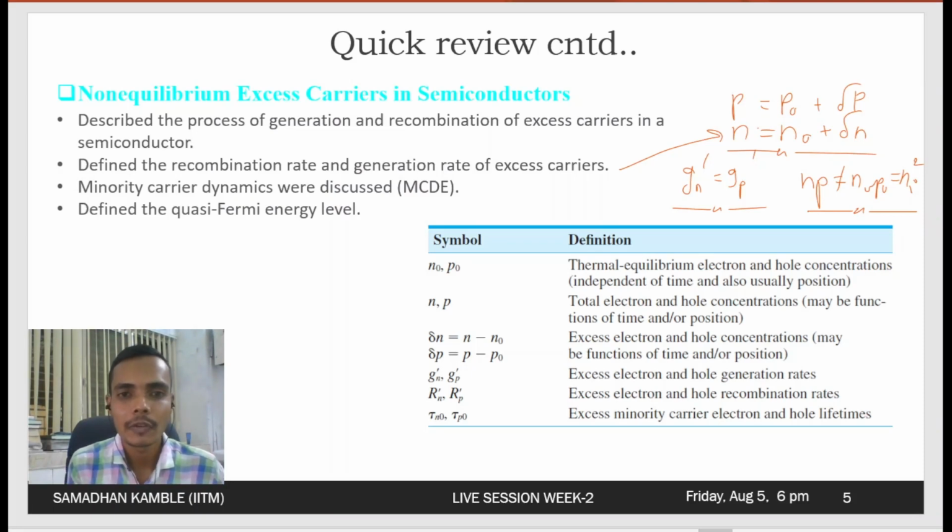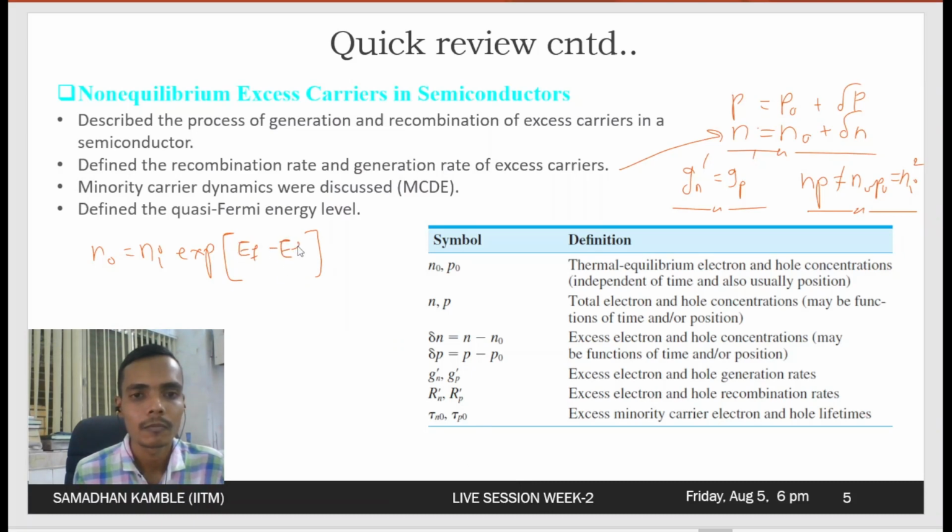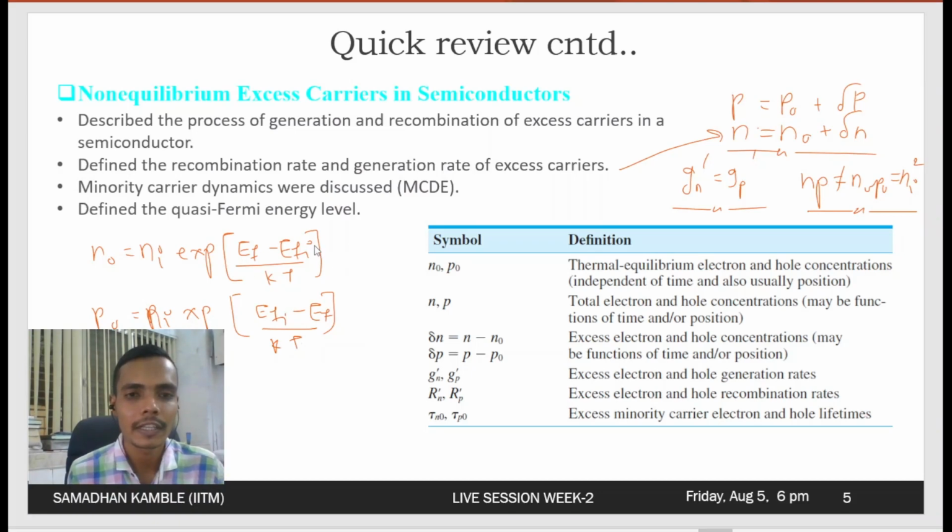As we know, in thermal equilibrium, electron and hole concentrations are functions of the Fermi energy, and we can write the electron and hole concentrations as n naught is equal to Ni times exponential of (EF minus EFi) by kT, and similarly for the holes, p naught is Ni times exponential of (EFi minus EF) by kT, where EF is the Fermi level, EFi is the intrinsic Fermi level, the position of the Fermi energy at the intrinsic condition.